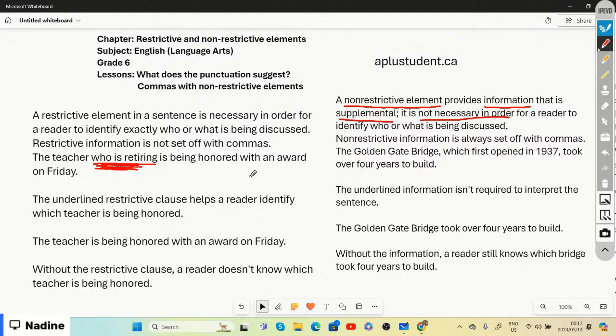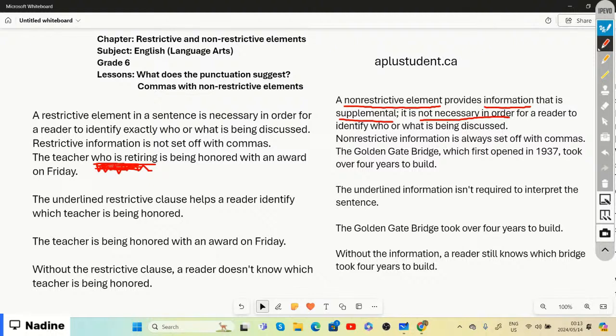But as soon as we specifically identify who is being discussed, by saying the teacher who is retiring is being honored with an award, now we know, okay, so Miss Nadine is going to retire.